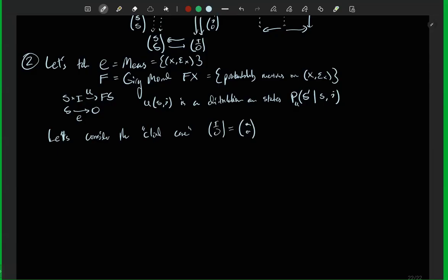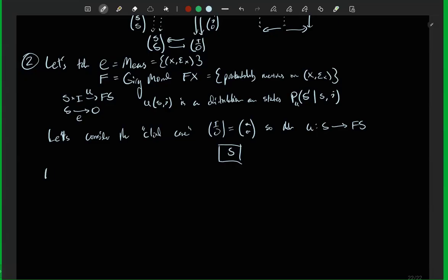It's closed, so we have a box like this with no wires coming out for S, so that we just have U, which is S to F of S. We just have some kind of probability in U.